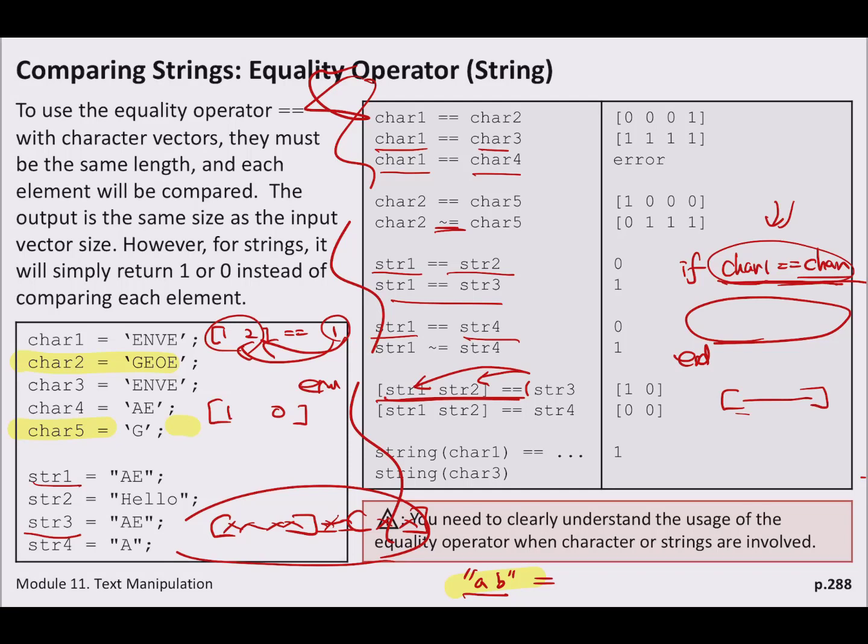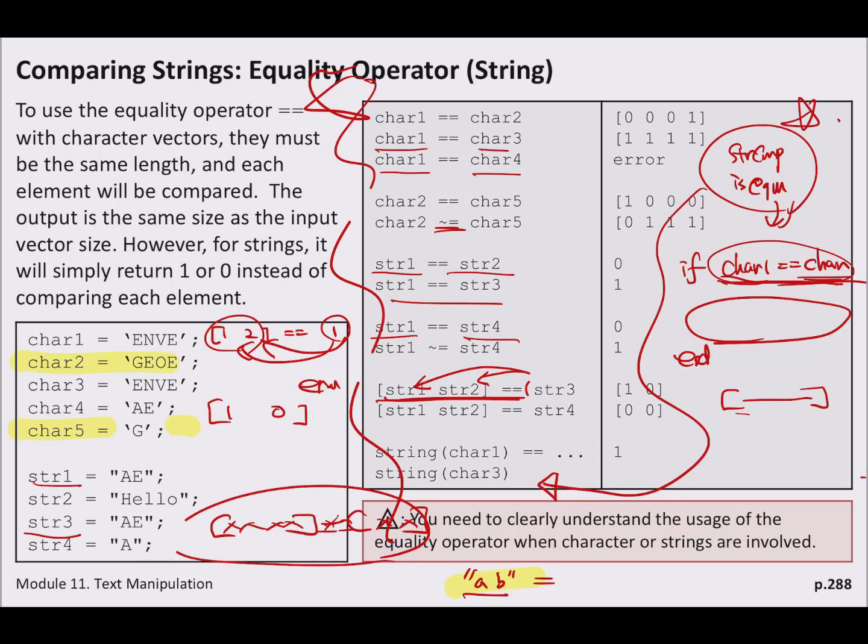But the better way is to use strcmp, or you can just compare string 1 and string 2. In this case, some kind of risk is that character 1 and character 2 must be the same size. So I recommend you use this one, or you can convert the character vector to a string, then compare.